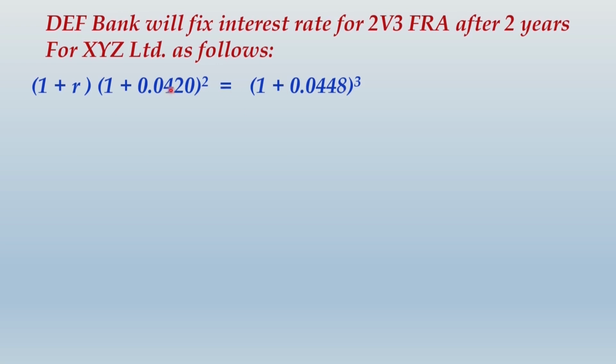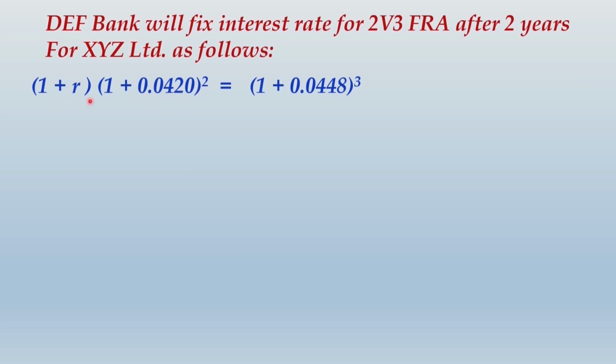As I have explained in the earlier example, you are computing the 2/3 FRA, so we have considered the rate of that FRA as R. For the first 2 years you are going to pay interest at the yield rate of 4.2%, so it will be (1 + 0.042)^2.